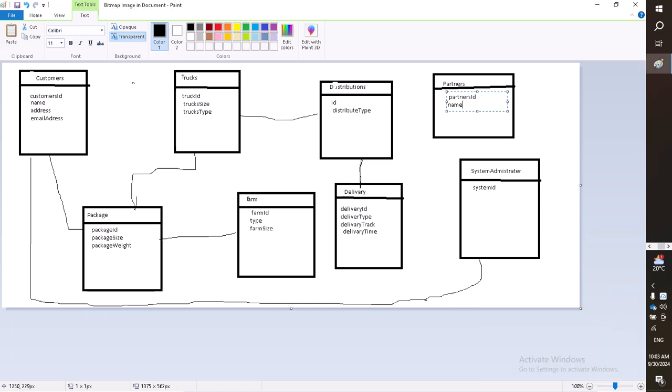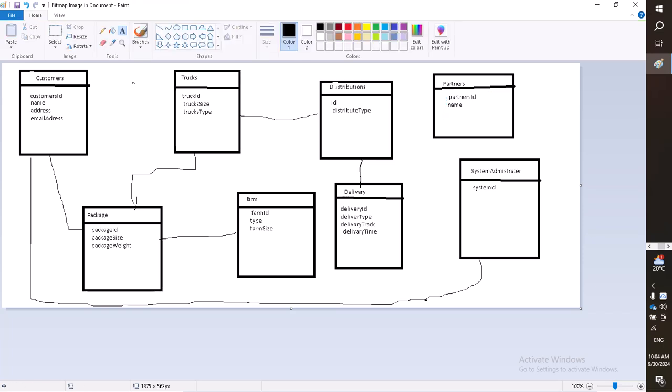And also, what else will we look for? We will look for their name. Also, what are we looking for? No, I think there are two again. I will use two things. So okay, then this one is the one. Partner is also the one that interacts with the system.